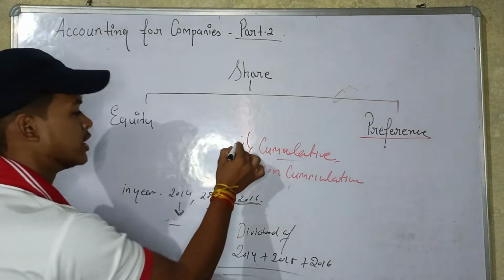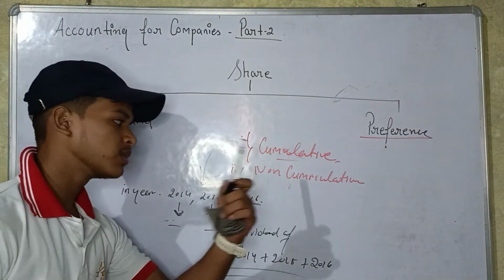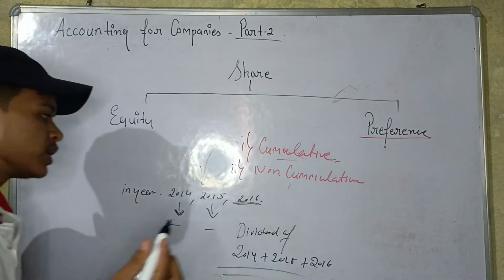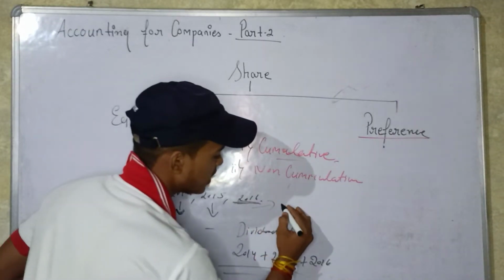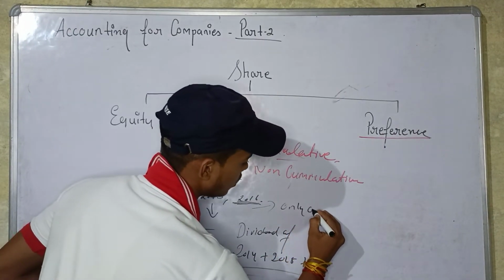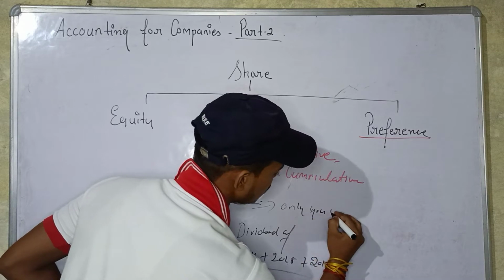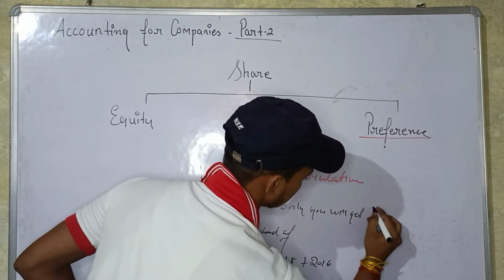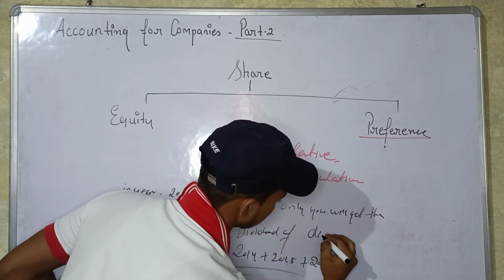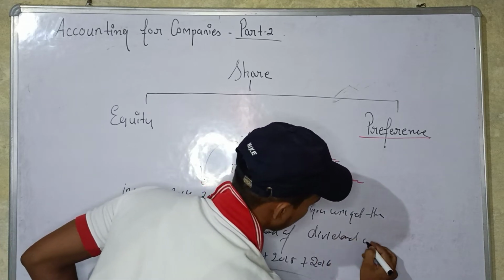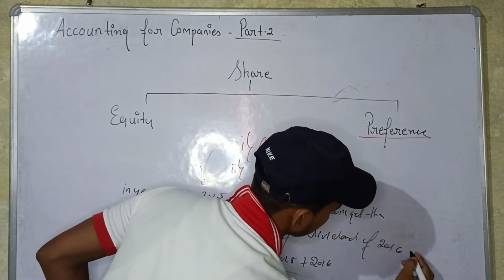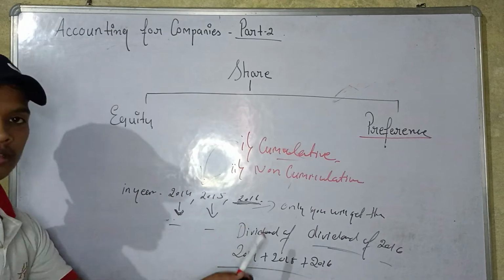This is cumulative. Whereas in non-cumulative, you will get only the dividend of 2016. Clear?